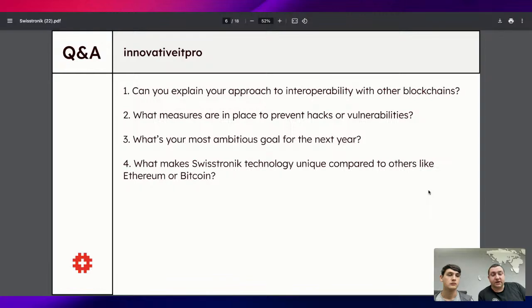Jumping to the next community member, Innovative IT Pro. Can you explain your approach to interoperability with other blockchains? Yeah, well, as we have explained on previous community calls, mainly I would say that we try to use either IBC or cross-chain tools such as Hyperlane, or state replication tools such as Rarimo for different mechanics, and I would say different approaches.